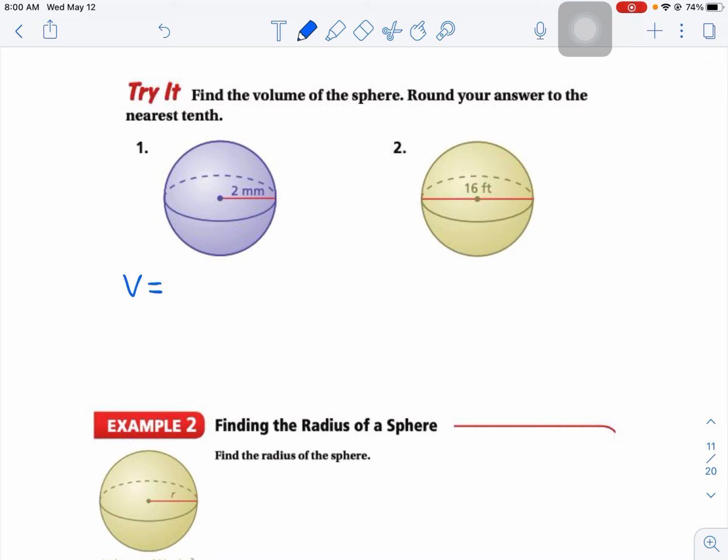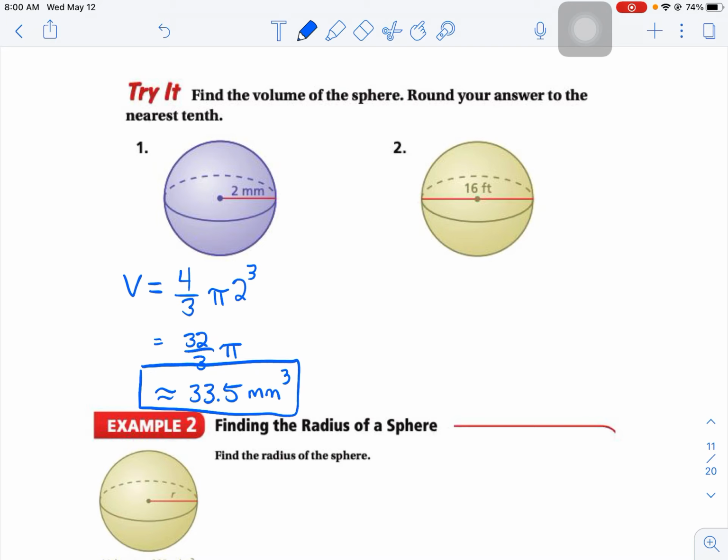So as soon as you're ready, you can play it, and your answer here should be 4/3 pi times 2 cubed. 2 cubed is 8 times 4 would be 32 over 3 pi, which would be about 33.5 millimeters cubed.